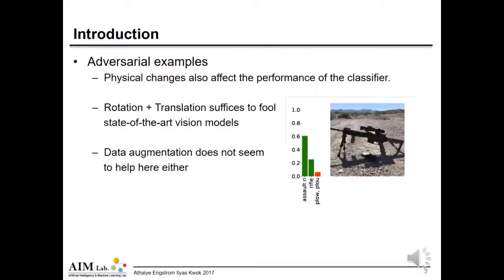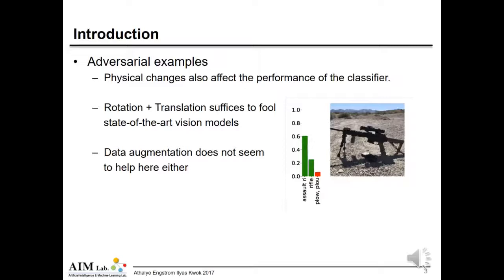Not only by adding specific noise to the image, but you can also fool the classifier by making changes in the real world. In practice, physical changes also affect the performance of the classifier. For example, in the right figure, there is a lifer, and the label predicted by the classifier varies depending on the angle of the image.